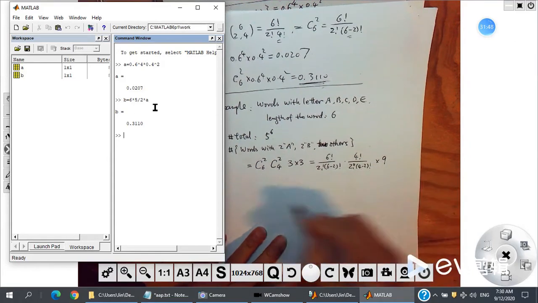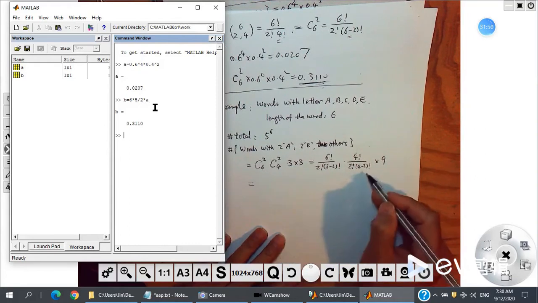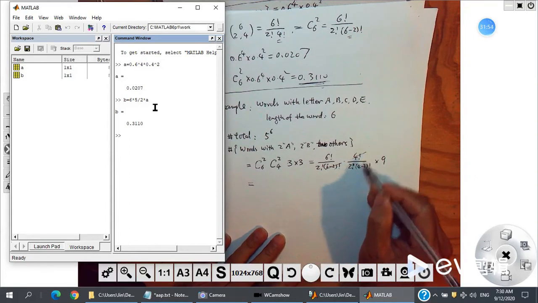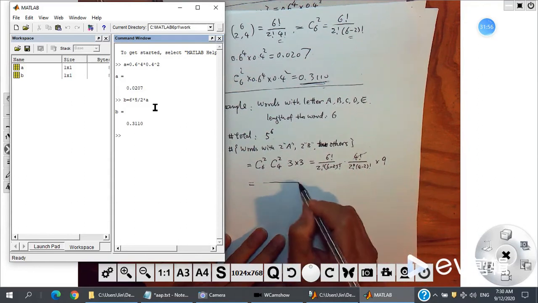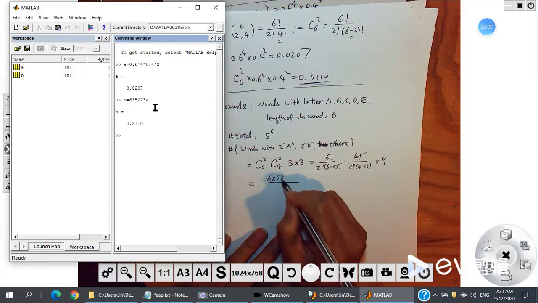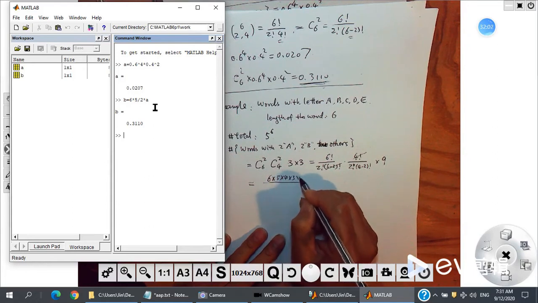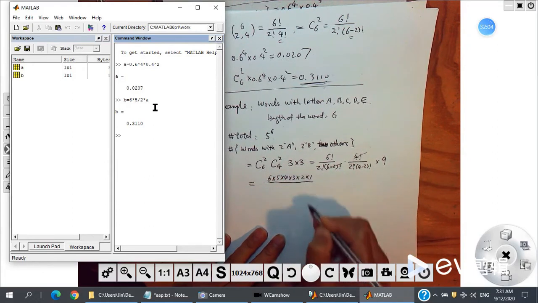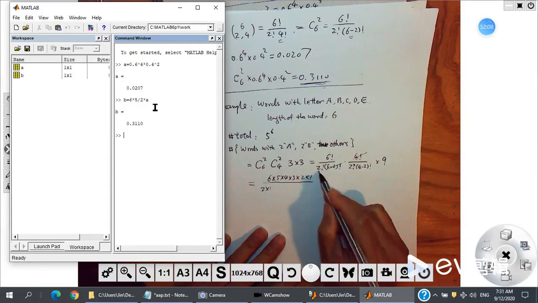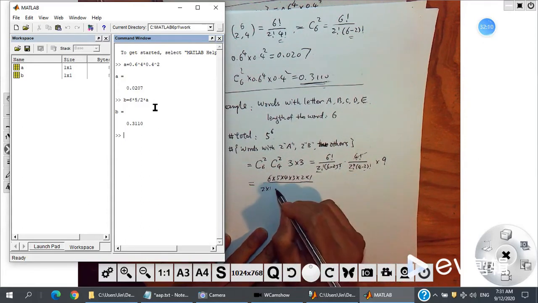Alright, 6 minus 2 is 4, so actually they can be cancelled. The numerator is 6 times 5 times 4 times 3 times 2 times 1. In the denominator, I have 2 times 1, and I have 3 of these.